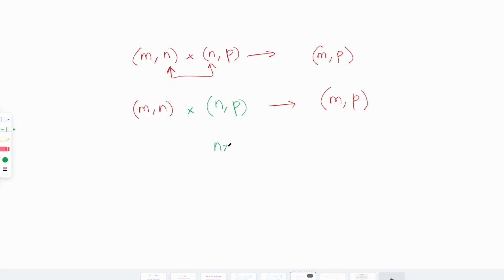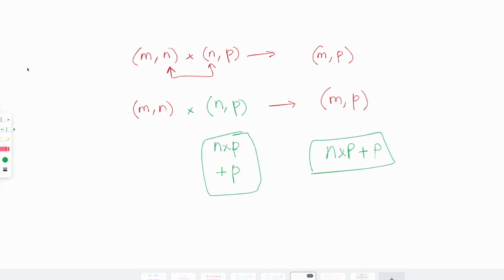That's a total of N times P weights as far as the neural networks are concerned, plus P bias terms. So the total number of parameters for this projection is N times P plus P. So that's the formula.